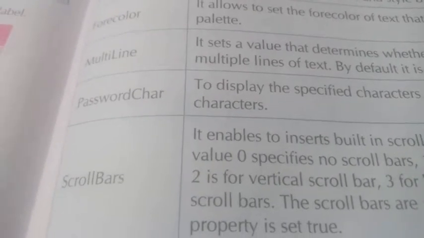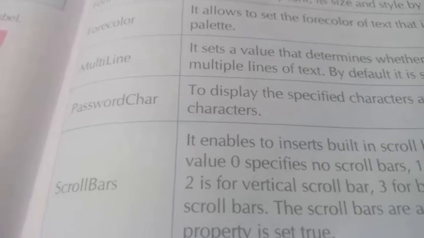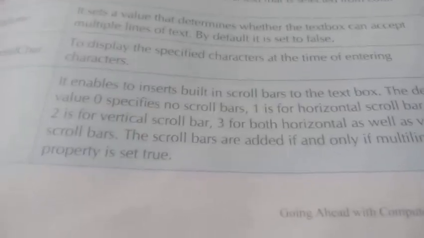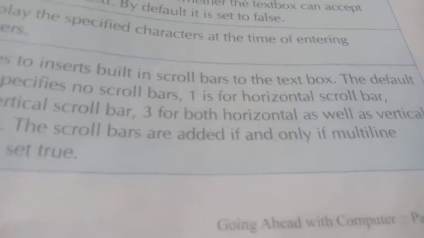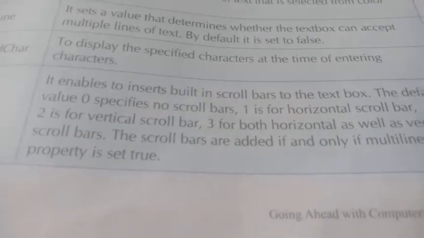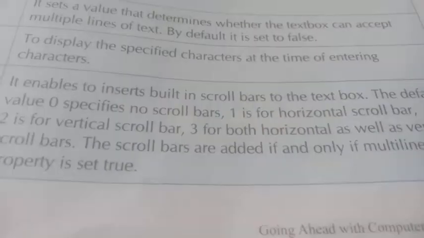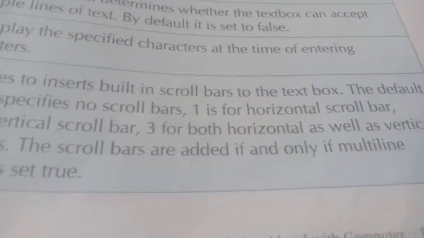And scroll bar enables you to insert a built-in scroll bar into the text box. The default value 0 specifies no scroll bar, 1 is for a horizontal scroll bar, and 3 for both horizontal and vertical. So this is about the scroll bar.